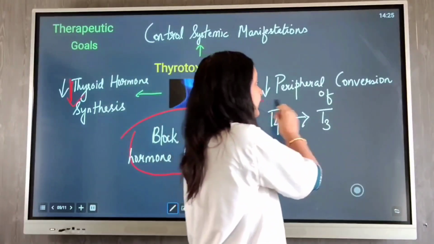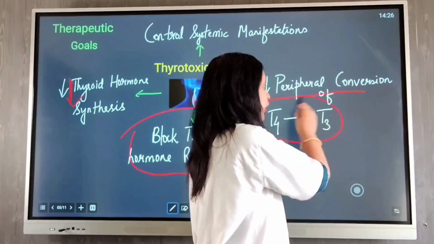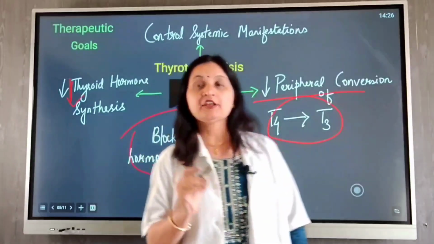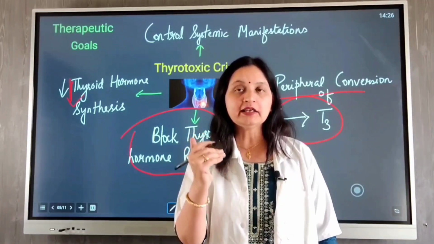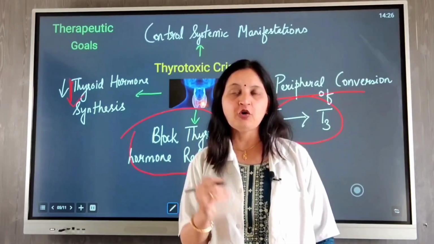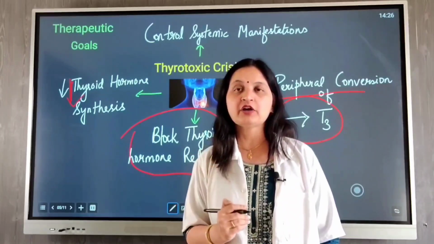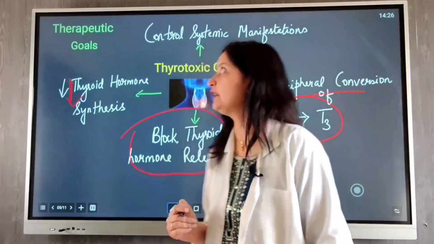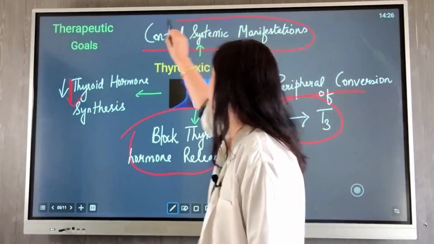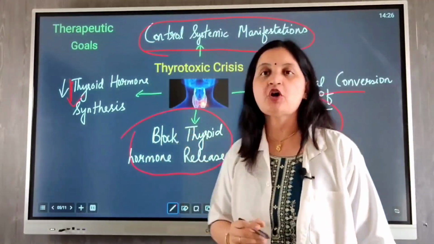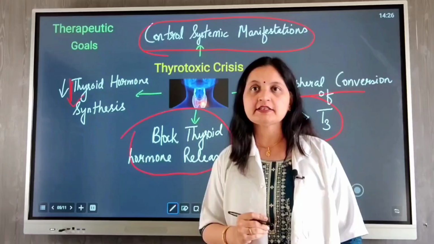And thirdly, decreasing the peripheral conversion of T4 to T3, as we know that T3 is the active form of thyroid hormone. Decreasing the conversion of T4 to T3 also helps to control the symptoms of hyperthyroidism. Treatment is also directed towards controlling the systemic manifestations of thyrotoxic crisis.